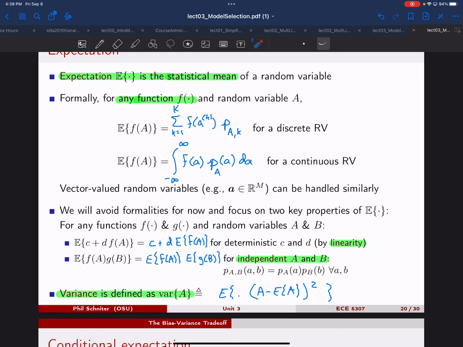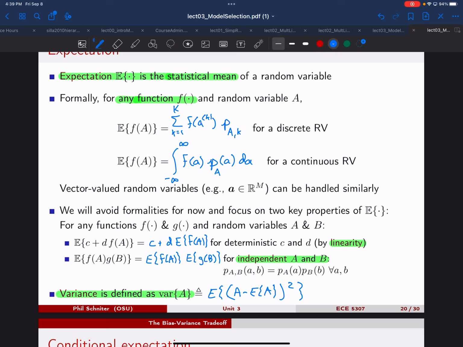Oh, question? Yes, so there are other ways we can write it. Let me write it in a slightly different way. Let me first move things around so I have a little bit more room.